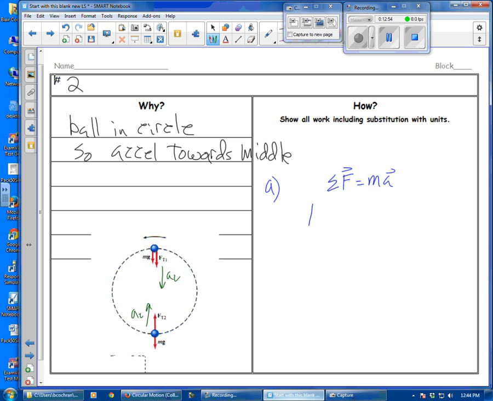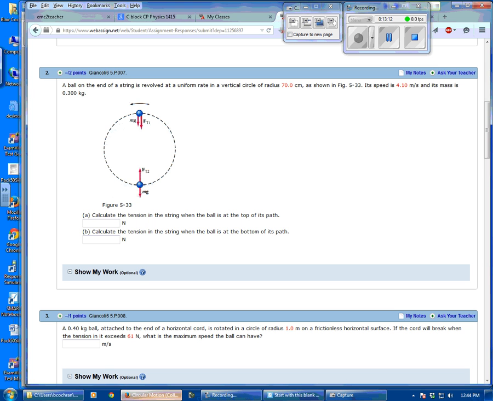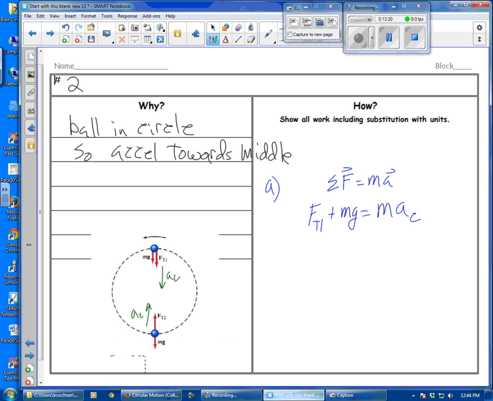So I'm going to have FT1, using their notation just to make it clearer, plus mg equals the inertia times the acceleration, which is a sub c. And they want to know, let's see, the tension, they want FT1 and FT2. And I know the speed is 4.10 and the mass is 0.3.